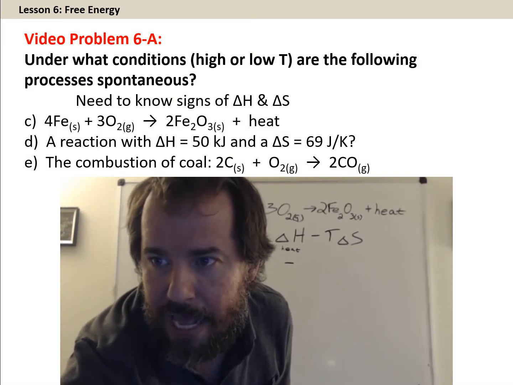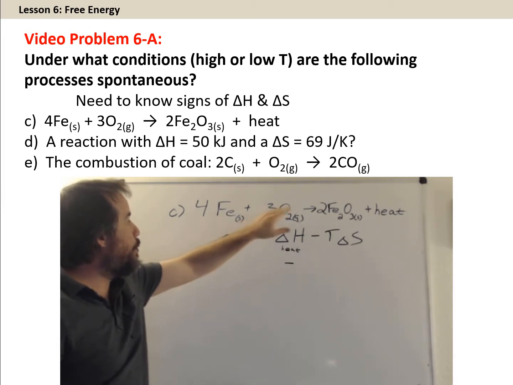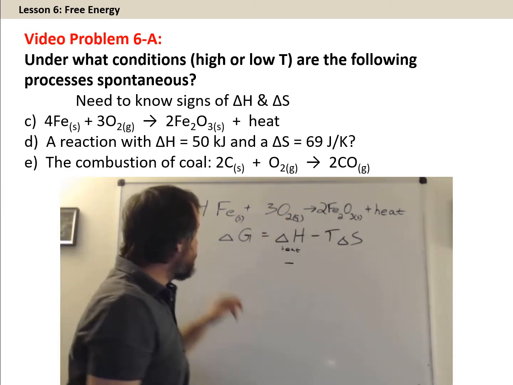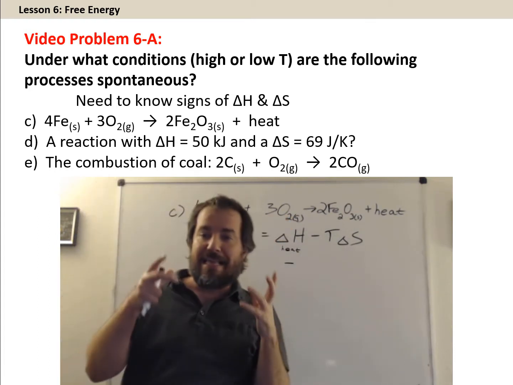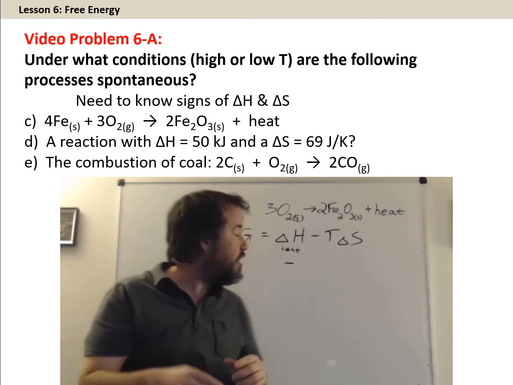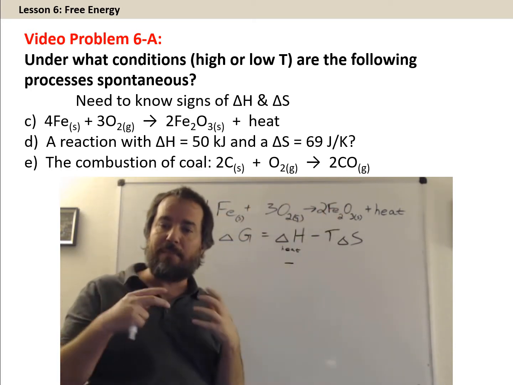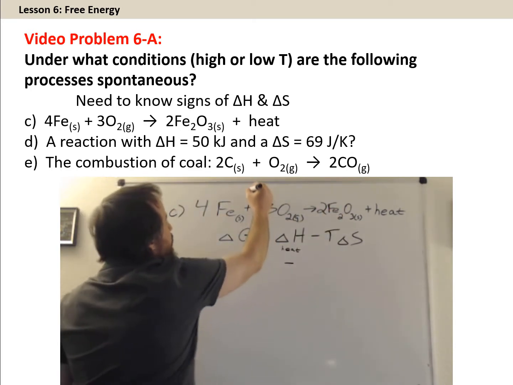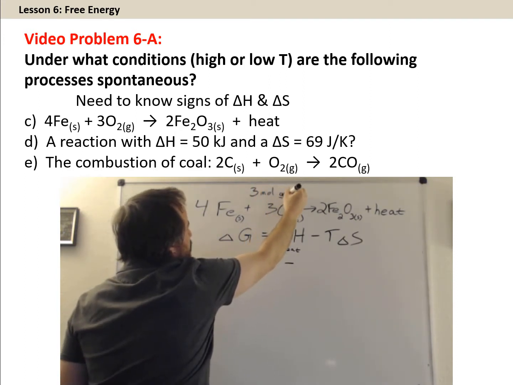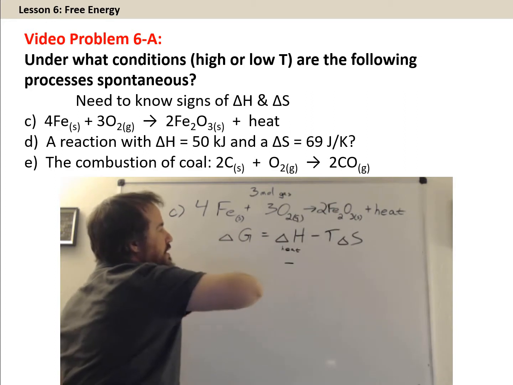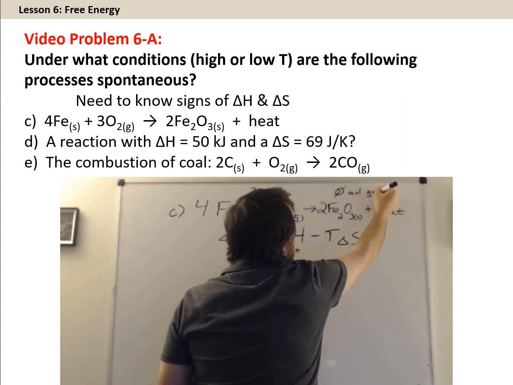Now if delta H is negative, we need to figure out what delta S is. Delta S is dependent on whether we have more or less disorder. This involves gases, so what we look at is the number of moles of gas. I don't care about the solids, it's just how much gas there is. On this side, we have 3 moles gas. On the product side, we have no moles gas. So what's happening?